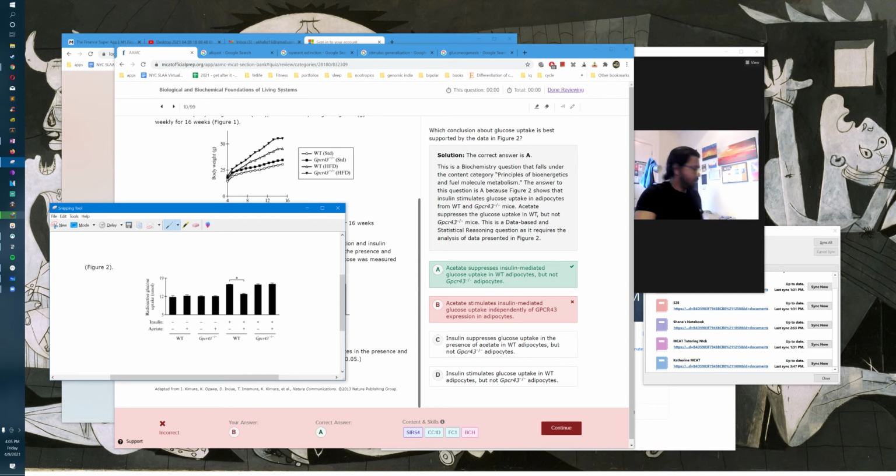For the GPCR43, the second group, insulin is present in both of them. But if you compare that to the second WT group, you see that glucose uptake is decreased when acetate is present. You're absolutely right. I don't know what happened.